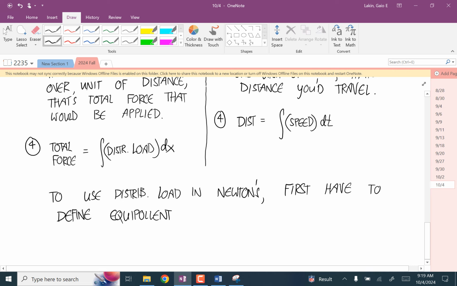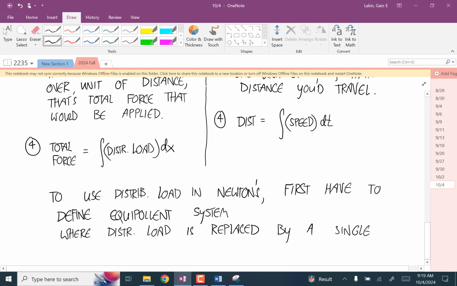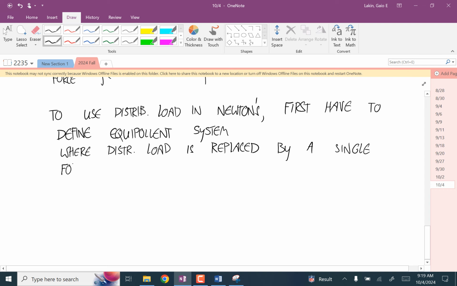Okay, so before we can use a distributed load, we have to define an equipollent system where the distributed load is replaced by a single force vector acting at a single location.